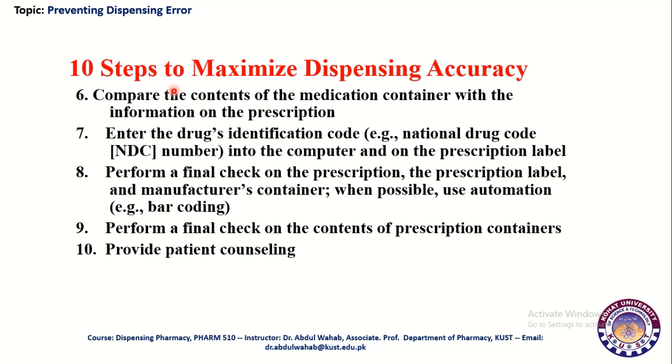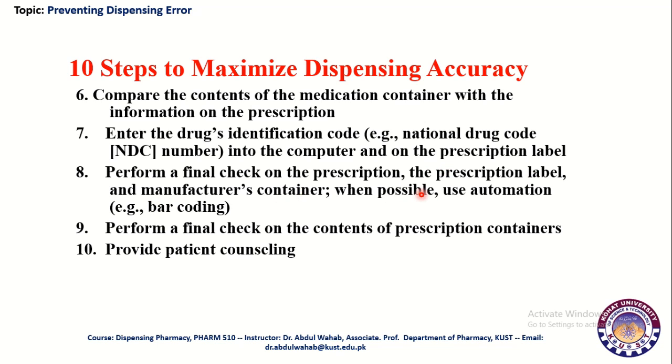Number 6, compare the contents of the medication container with the information on the prescription. Seventh, enter the drug identification code, national drug code number, into the computer and on the prescription label. Eighth, perform final checks on the prescription label and manufacturer's container.